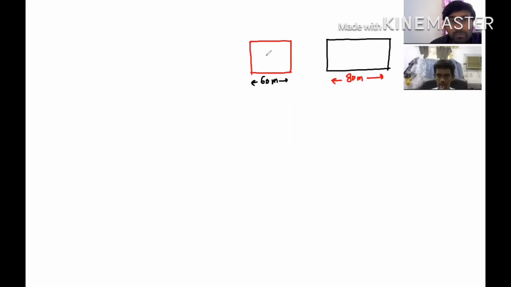So let us suppose that this has a perimeter P1 and this has a perimeter P2. According to the question, the perimeters are equal, that is P1 equals P2.